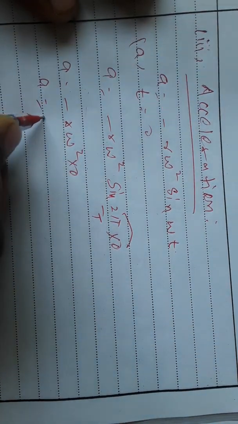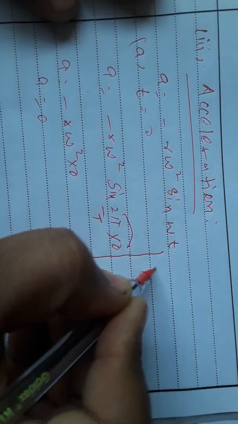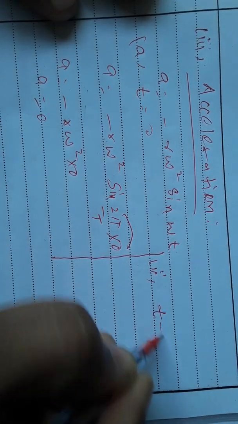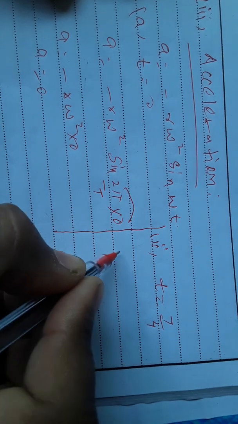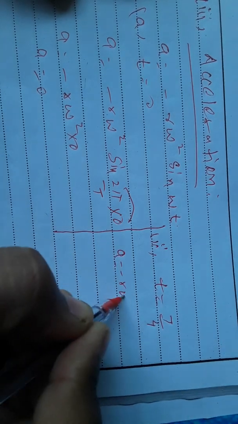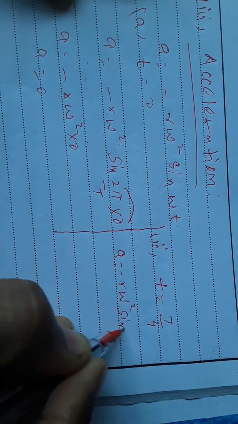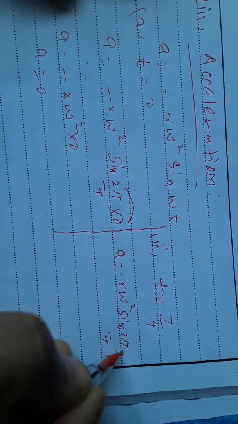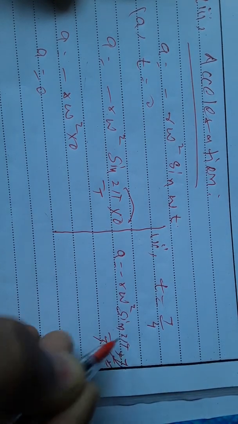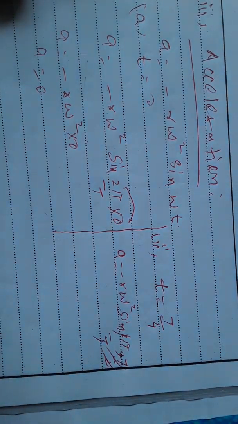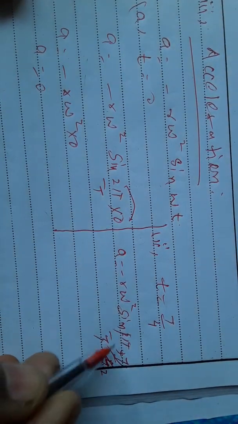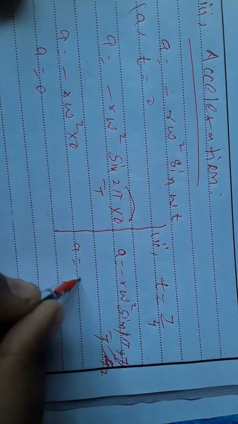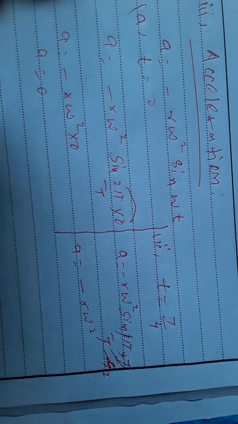So acceleration is 0. For the second, small t is equal to T by 4, minus r omega square sin 2 pi upon T into T by 4, cancelled. Sin 90 is 1, so A is minus r omega square.